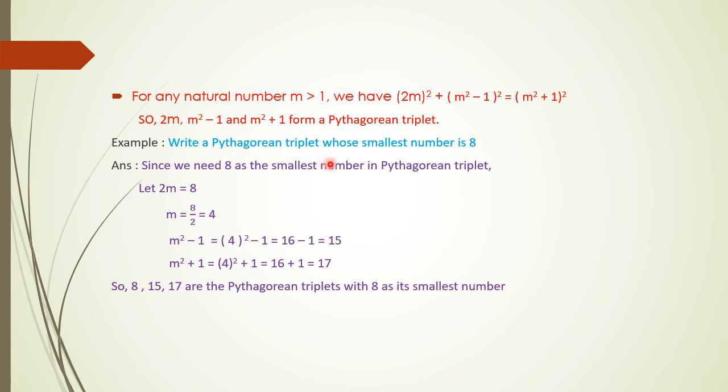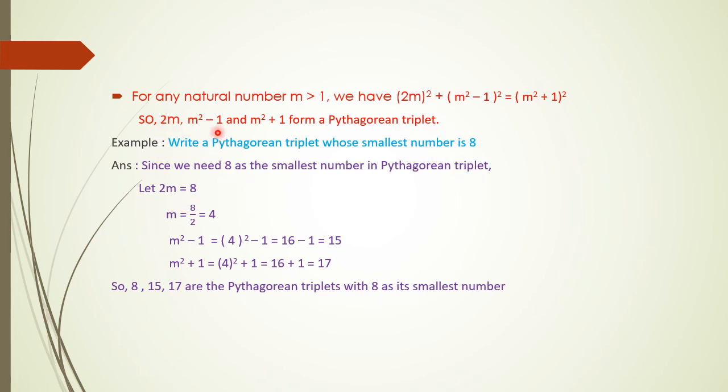Children, in the question given, the smallest number is 8. So answer, let us start with, since we need 8 as the smallest number in the Pythagorean triplet, we are taking 2m is equal to 8 and m is equal to 8 by 2 is equal to 4. And here one number we got, 2m, we are taking 8 as one number 2m.